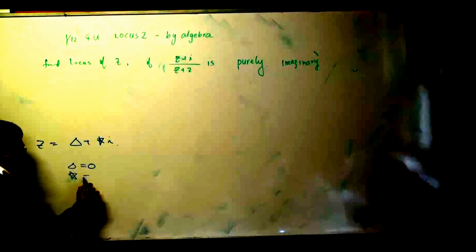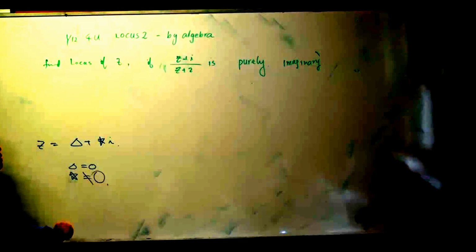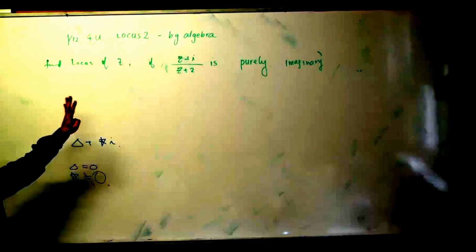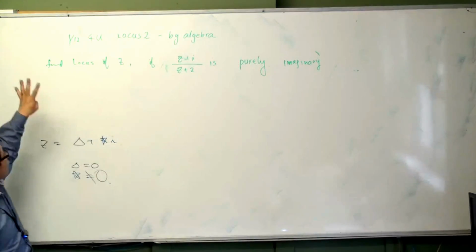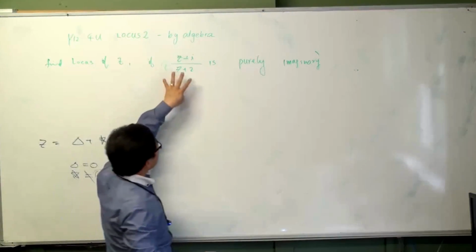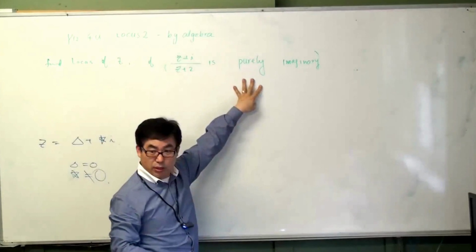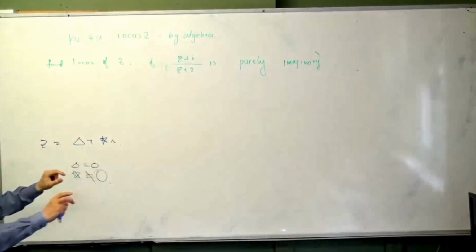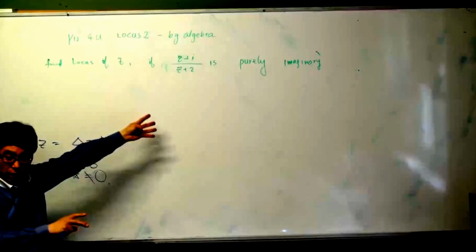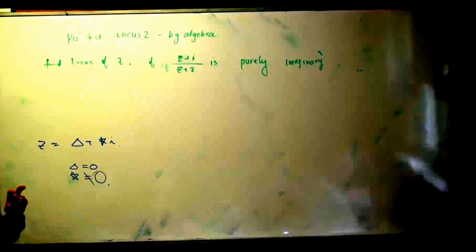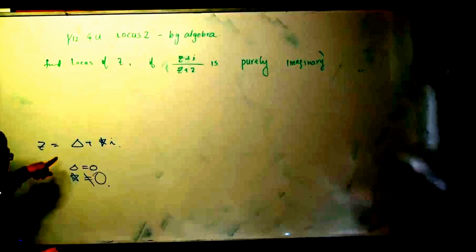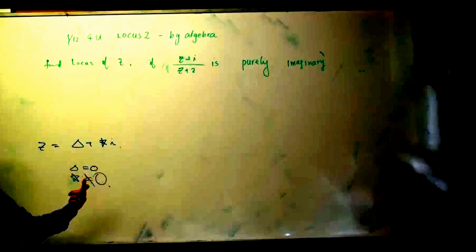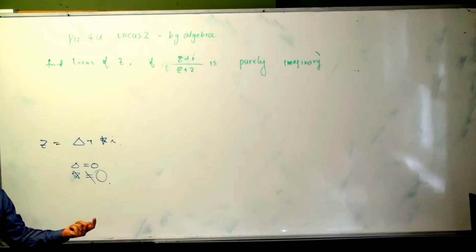Okay, so this is the condition to solve that. What it is asking is that it is purely imaginary, so we rearrange it as real plus imaginary, and then let the real part equal 0 and the imaginary part not equal 0.